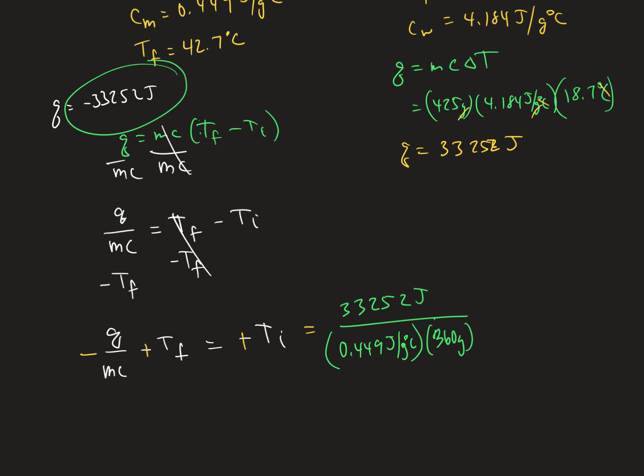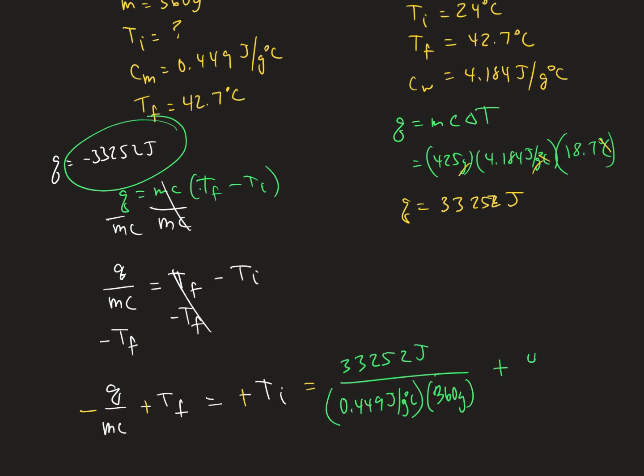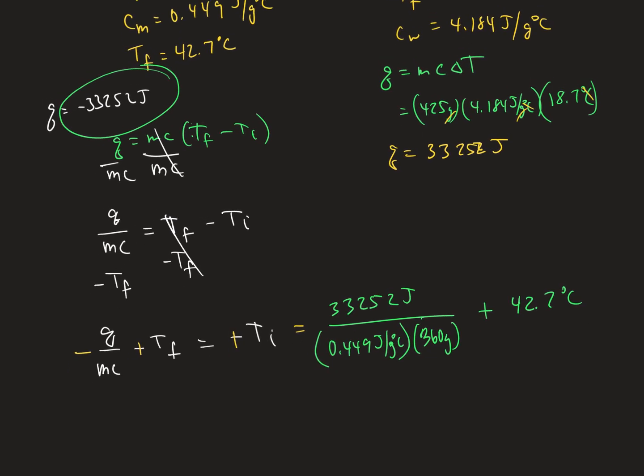And then we're going to add to that our final temperature, which is 42.7 degrees Celsius. Let's look at our units, make sure they cancel correctly. So the joules cancels, the grams cancels, and we have degrees Celsius on the bottom of the bottom, so that's what our answer is going to be for this piece.